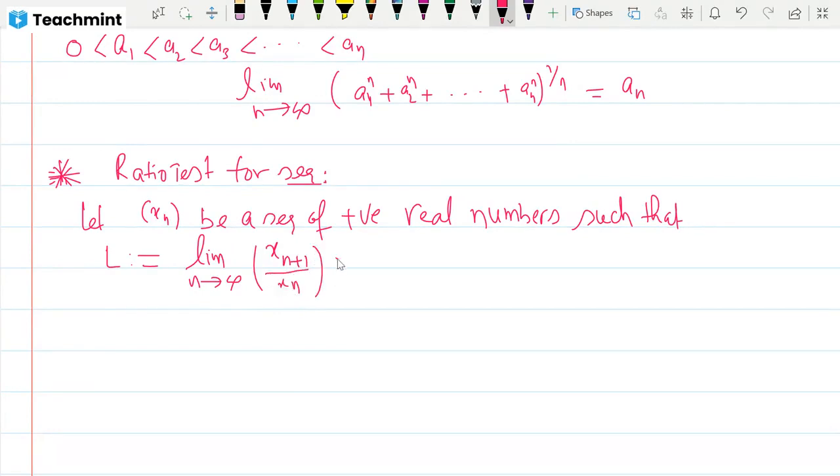If this limit exists, then we have the following conclusions.